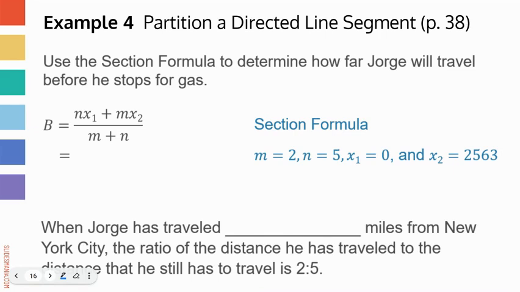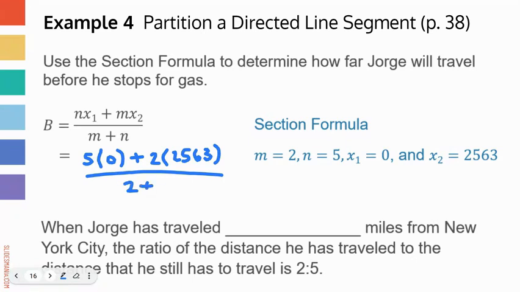So we substitute those into our equation. n is 5, x1 is 0, plus m is 2, x2 is 2,563, and that's going to be over m, 2, plus n, 5.